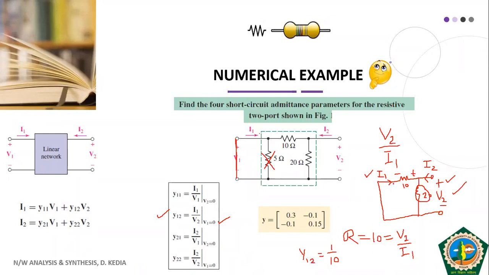So the direction of the current I1 should be negative. So instead of V2 upon I1, it should be V2 upon minus I1. So that's why the value of Y12 will be minus 1 upon 10, that is equal to minus 0.1.